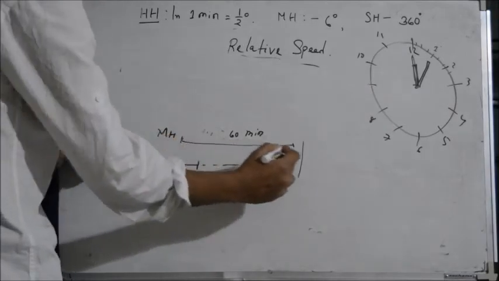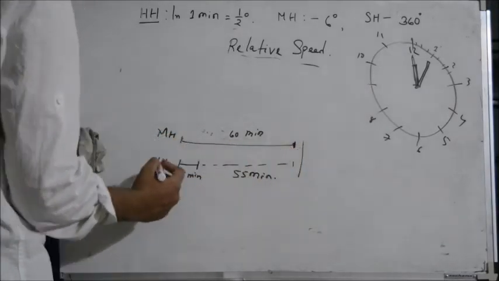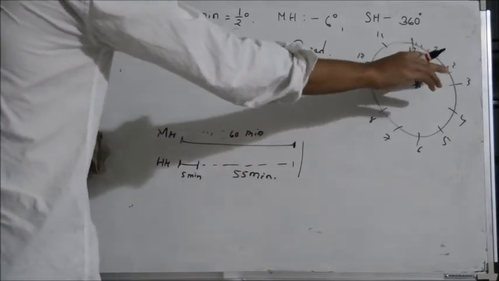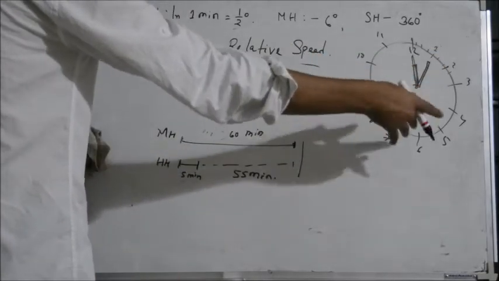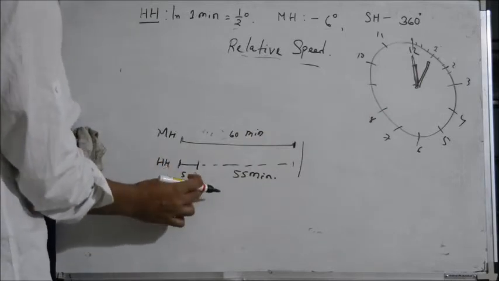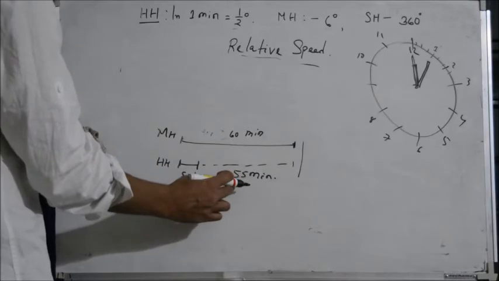When the minute hand is moving 60 minutes, the hour hand moves 5 minutes. We have shown that 5 minutes means from 12 to 1. We are considering the distance in terms of minutes. Then the hour hand is lagging behind the minute hand by 55 minutes.